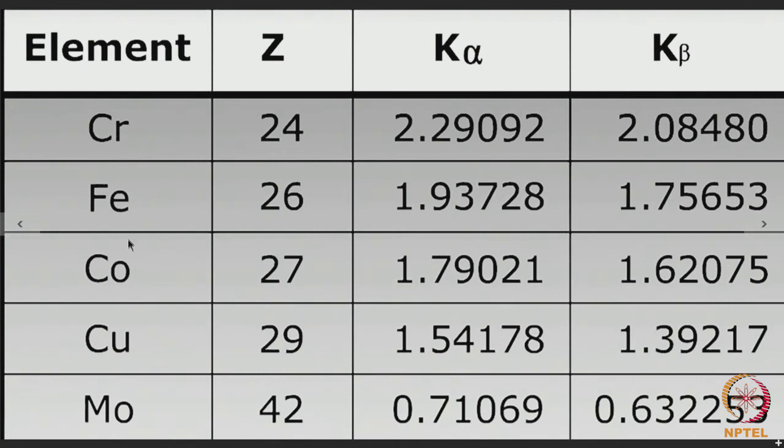For example, if you have a molybdenum target with an atomic number 42, this is the wavelength of the K alpha radiation in angstrom, and this is the K beta in angstrom.